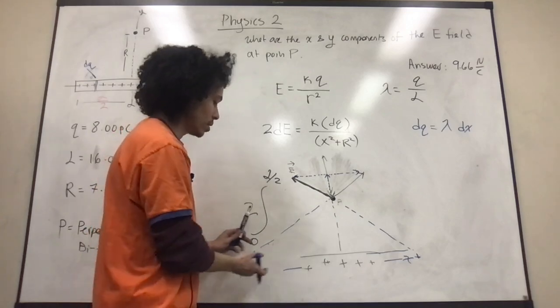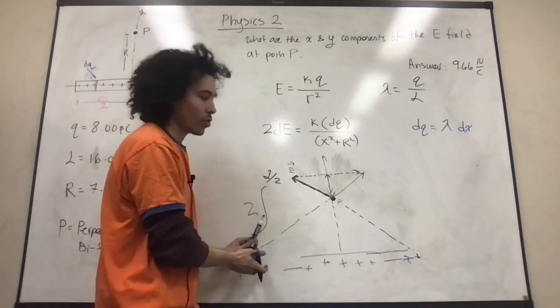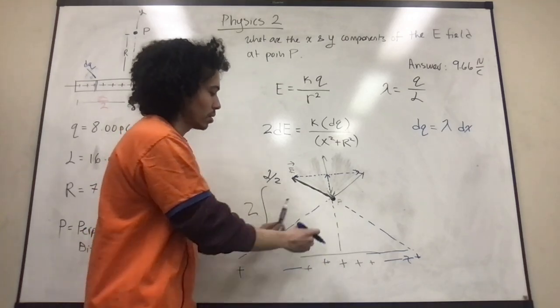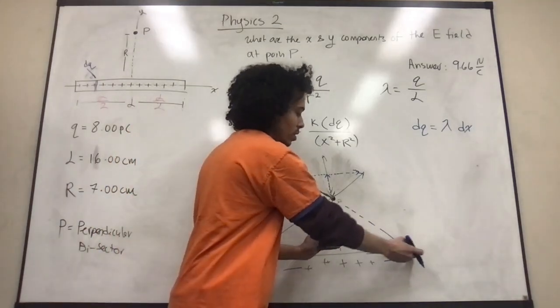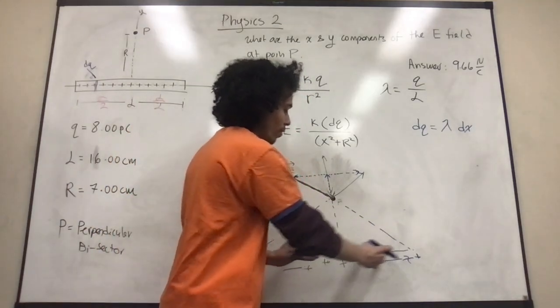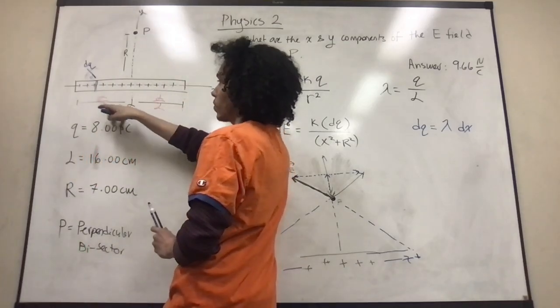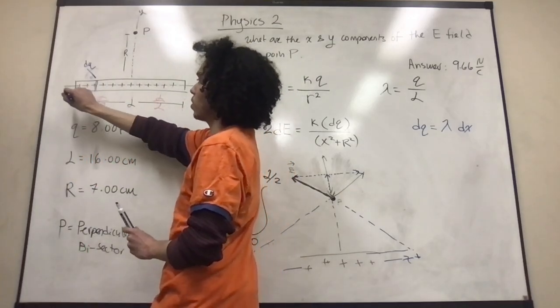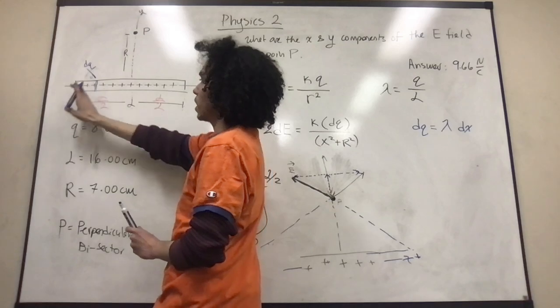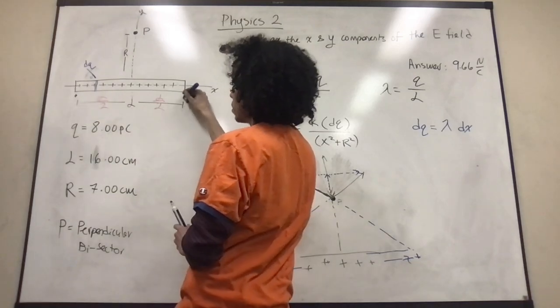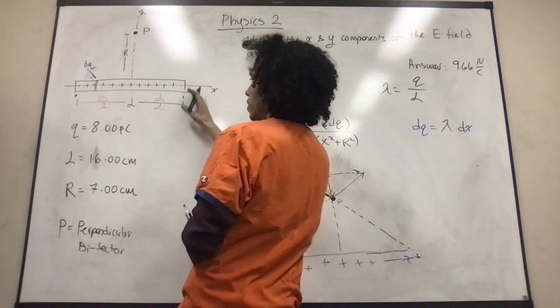Say this is an equal amount of length from the center to this part over here: negative L over 2 here, and positive L over 2 over here.